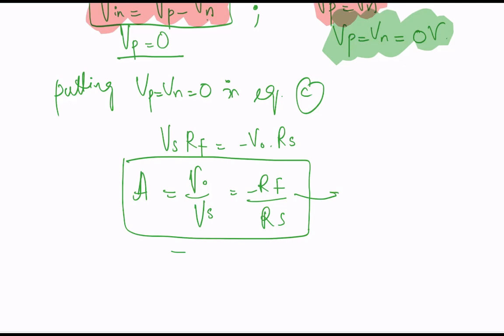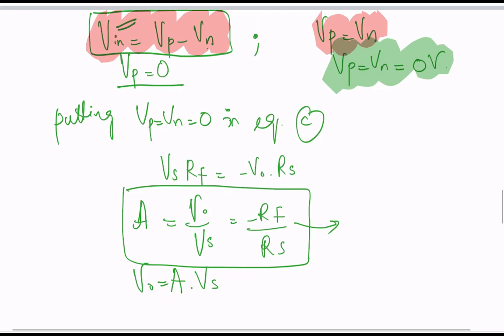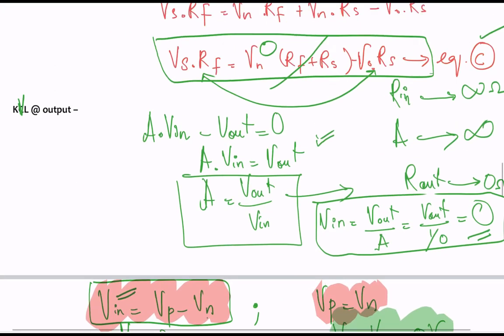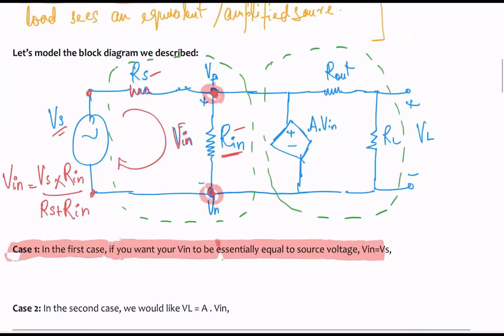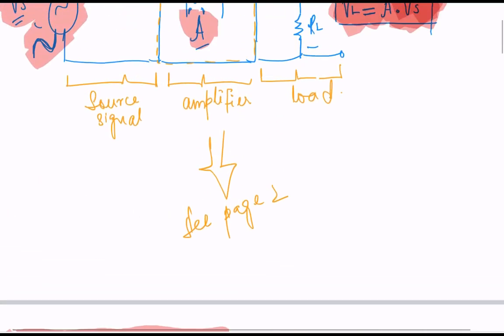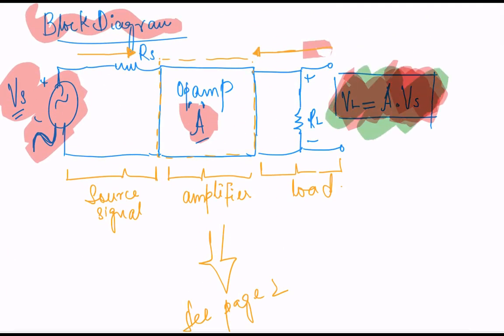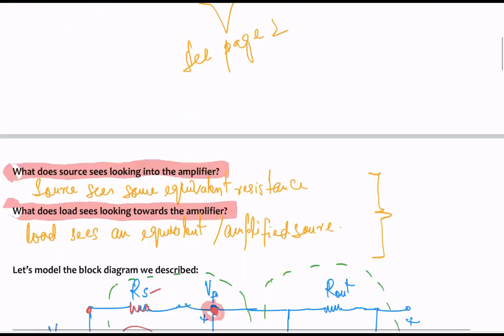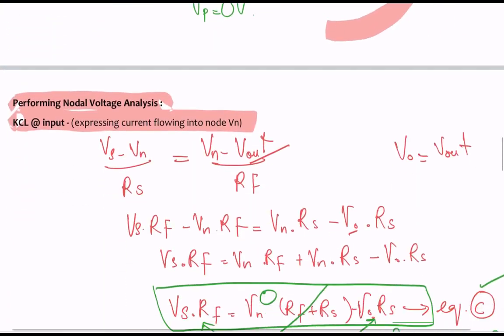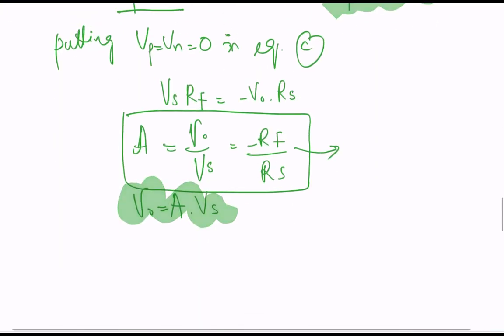In other words, I can also write this equation, A dot Vs equals to V naught. And if you recall, that's what we were striving for at the beginning of this analysis here, okay? AVL equals to A dot Vs. Now, how do we choose a gain for an amplifier, such as, let's say you have this LM741?